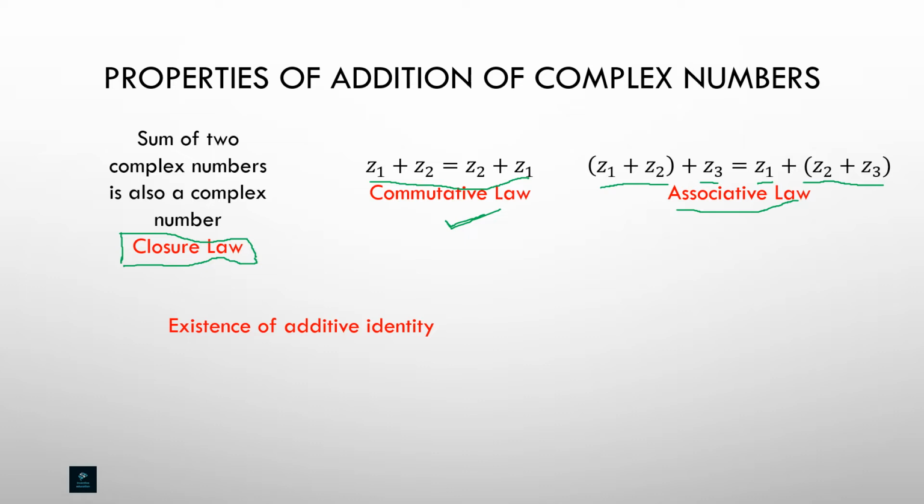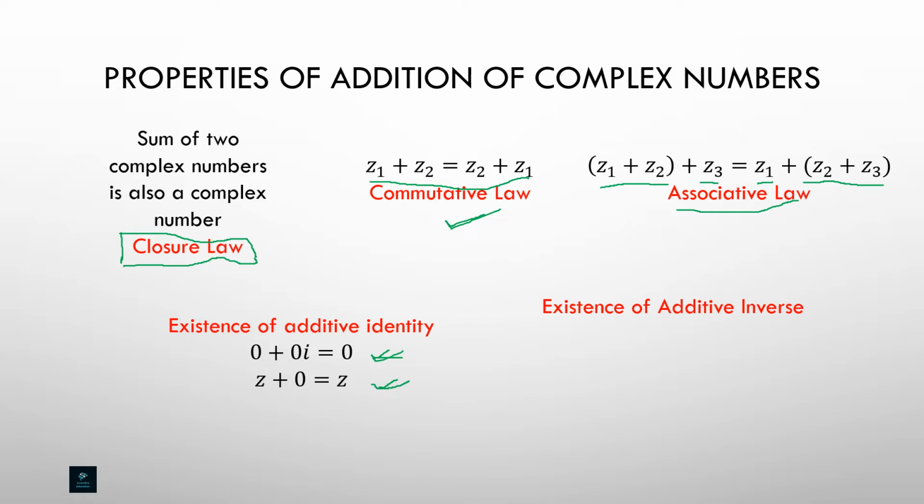The next is existence of additive identity. That means for every complex number there exists an additive identity which is given as 0 plus 0i equal to 0, such that z plus 0 gives the complex number itself. So 0 is the additive identity of every complex number.